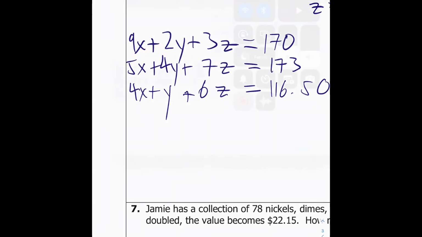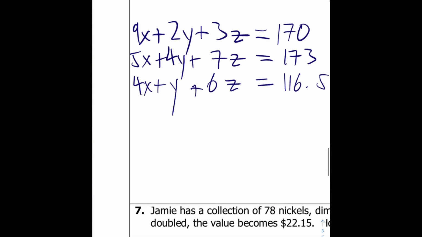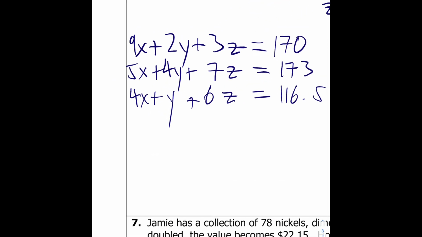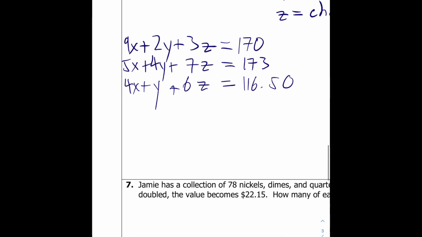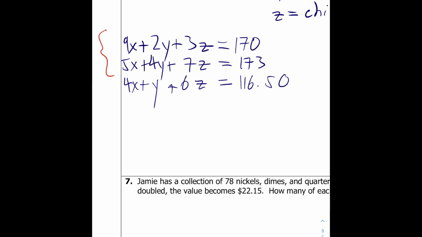So we've got our system here. Let's deal with these first 2 and eliminate y. I'll multiply both sides of the top equation by -2, which gives me a -4y that will cancel with the +4y.